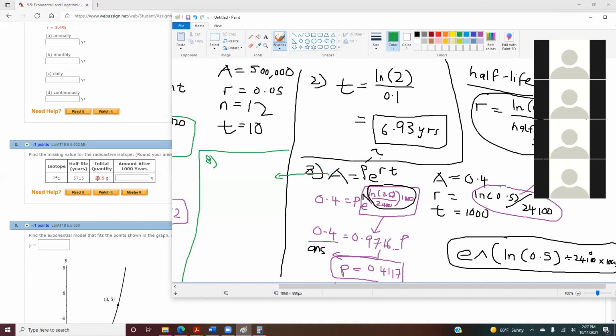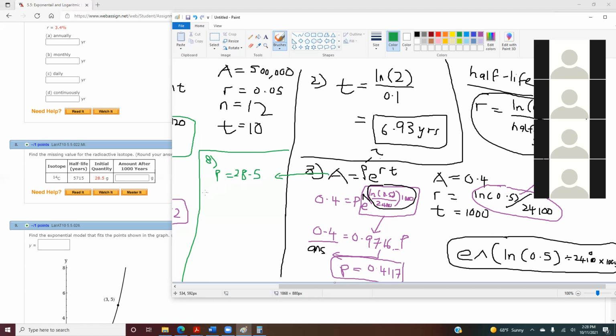Does anyone know this 28.5? What is that? Is that A? Is that P? Or is that R? Or is that T? No, that's not your A. Initial quantity is always P. P is 28.5.